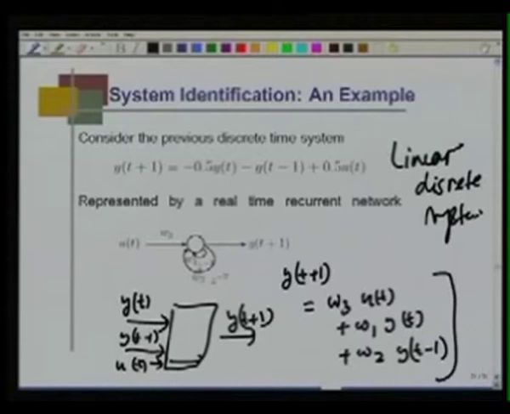This is linear. This network has this response, the linear dynamic.